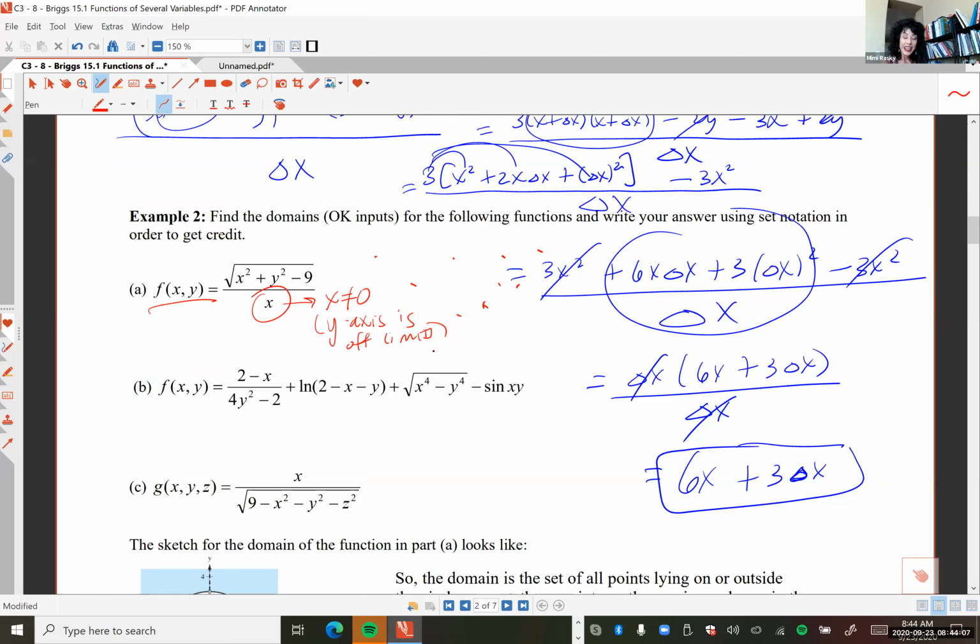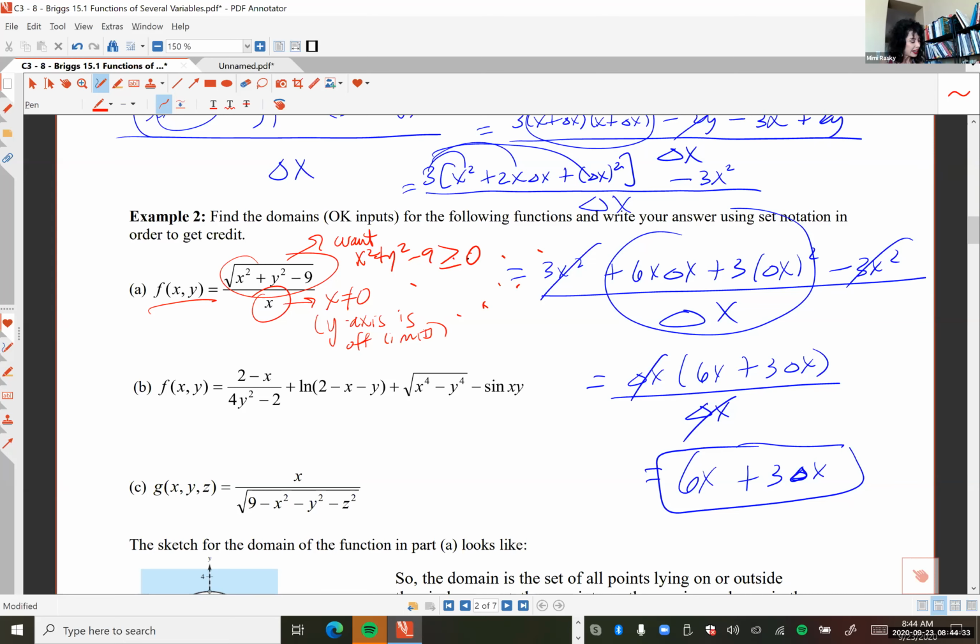Okay, now are there any other points that he's not allowed to eat? Well, look, we've got an even radical, and we don't like taking square roots of negative numbers. Square root of 0 is okay, that's just 0. Square root of a positive is okay, but square root of a negative gets us into the world of complex numbers, and we avoid that in this class. So we want the radicand x squared plus y squared minus 9 to be greater than or equal to 0.